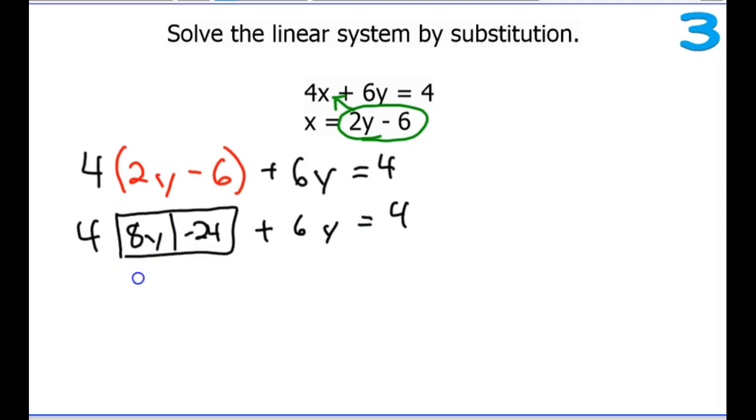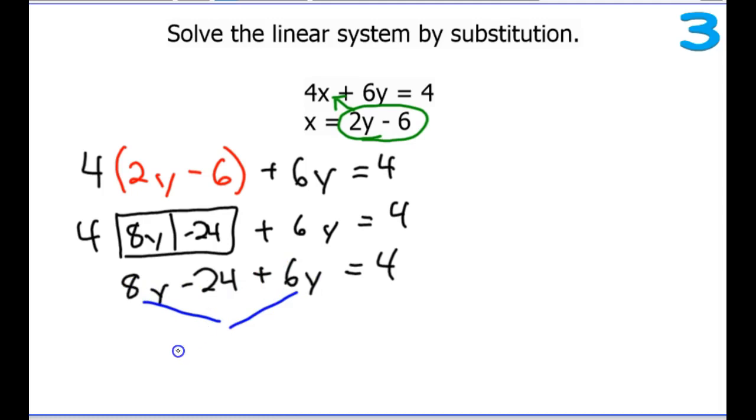So our problem then looks like 8y minus 24 plus 6y equals 4. Now we have two y's, so we have to combine those first before we do anything else. 8y plus 6y, that's 14y minus 24 equals 4.